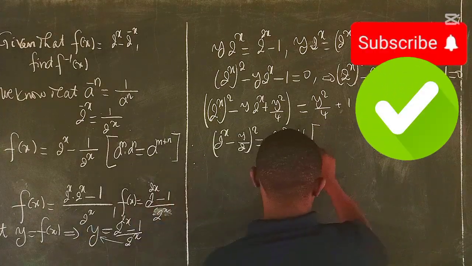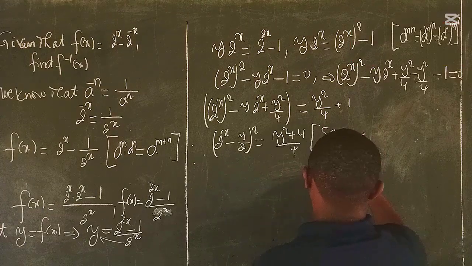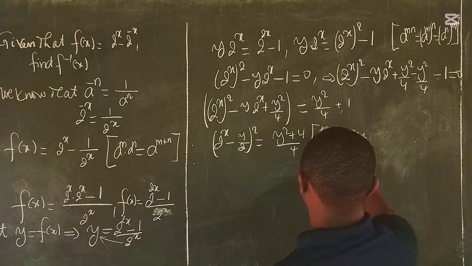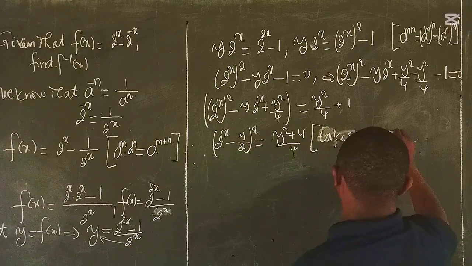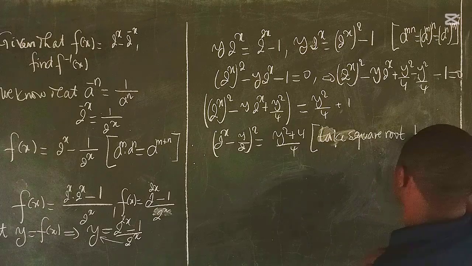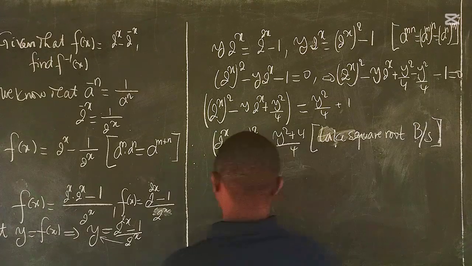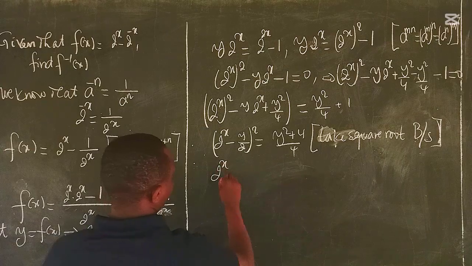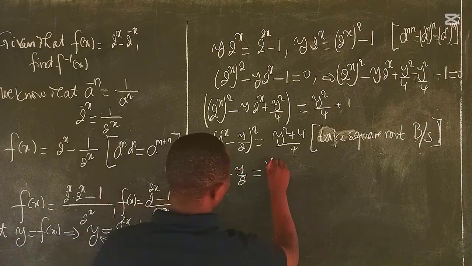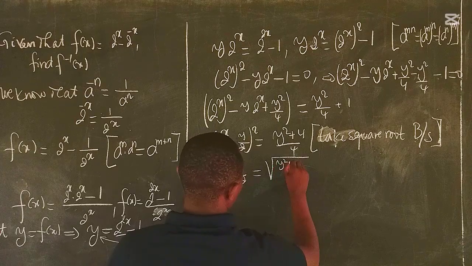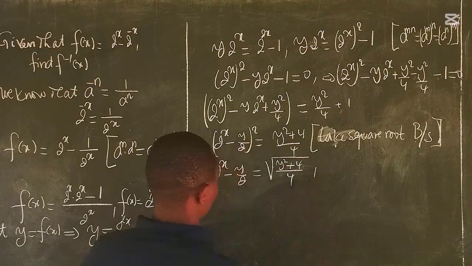Let's take the square root on both sides. We have 2 power x minus y over 2, which is equal to the square root of y squared plus 4 over 4.